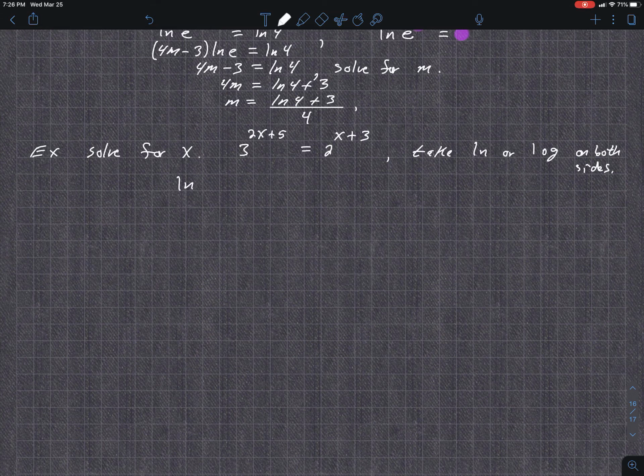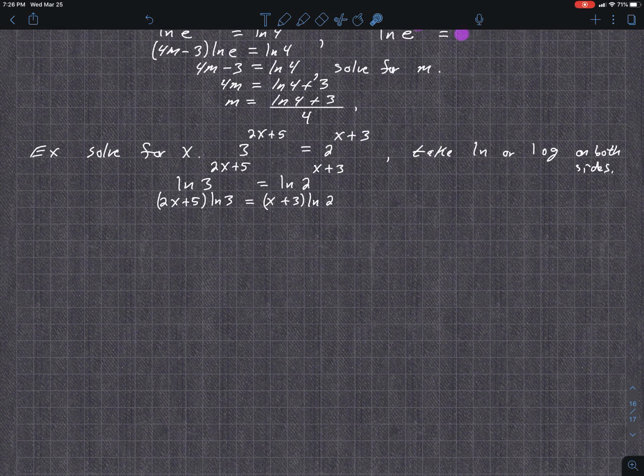All right, so take the ln on both sides. So ln of 3 raised to the 2x plus 5 equal to ln of 2 raised to the x plus 3. And then you bring down the power, so you get 2x plus 5 in parentheses, ln 3 equal to x plus 3 in parentheses, ln 2.